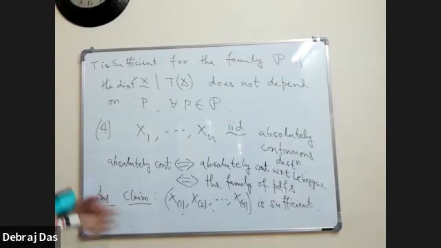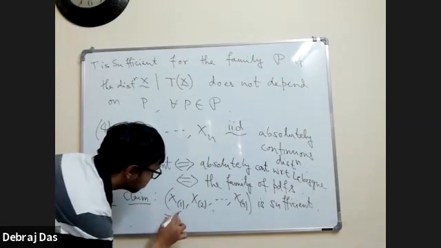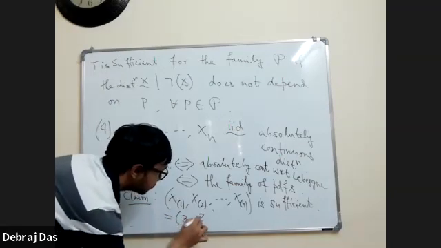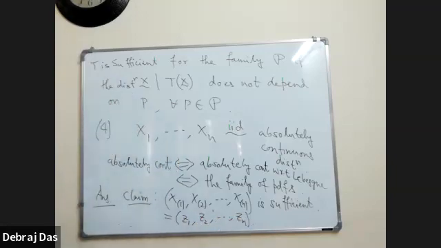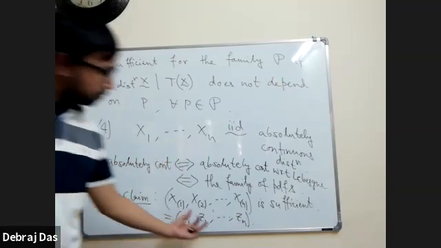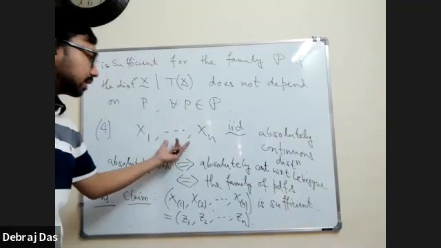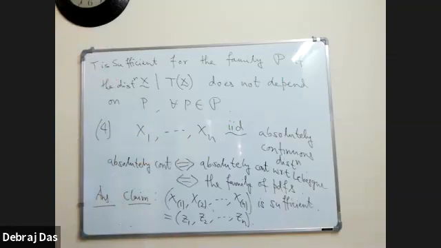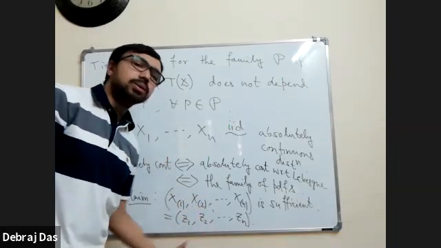So suppose this order statistic has these values z1, z2 up to zn. If this is given, then what are the choices? What values can the sample take? The sample can only take some permutation of these values, right?